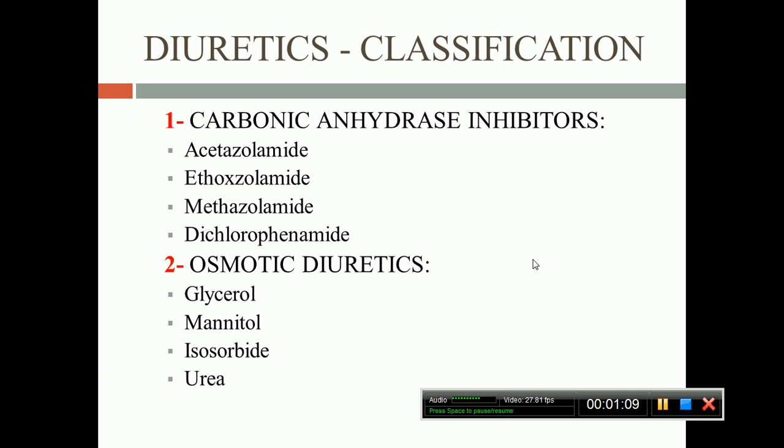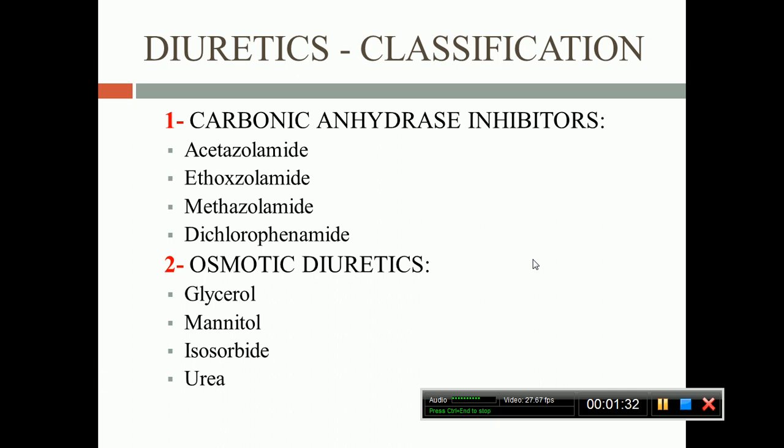We will see in later slides what happens when we inhibit carbonic anhydrase, and how the diuretic action comes into play. The members of this class are acetazolamide, ethoxzolamide, methazolamide, and dichlorphenamide.